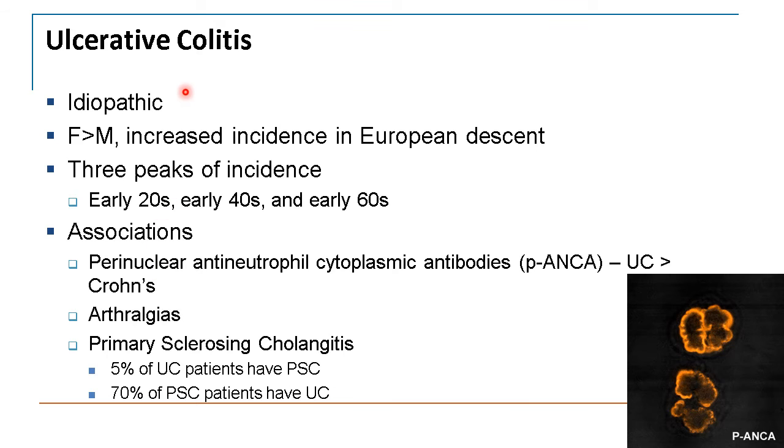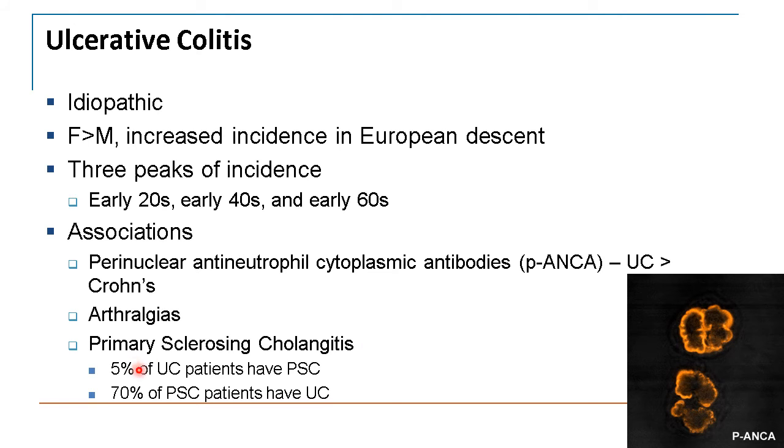Ulcerative colitis is associated with perinuclear antineutrophil cytoplasmic antibodies more than Crohn's disease, as we said previously. It also can present with extra-GI symptoms like arthralgias and primary sclerosing cholangitis, also more in ulcerative colitis than in Crohn's disease.